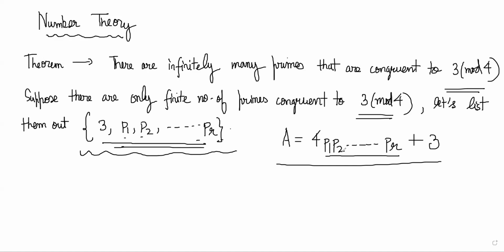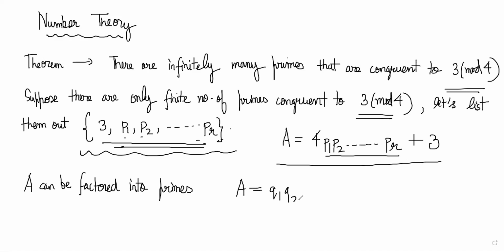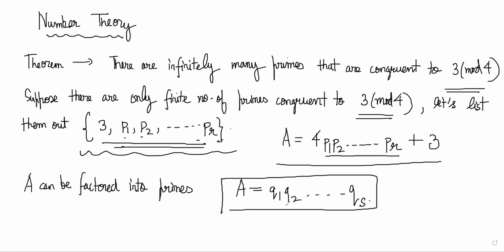So this number A can be factored into primes, and let's say A has a prime factorization like this: A is equal to Q1 Q2 till Qs. All of these Q1, Q2, Qs are prime numbers.